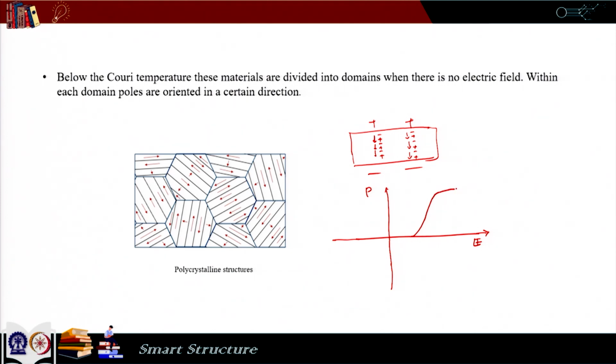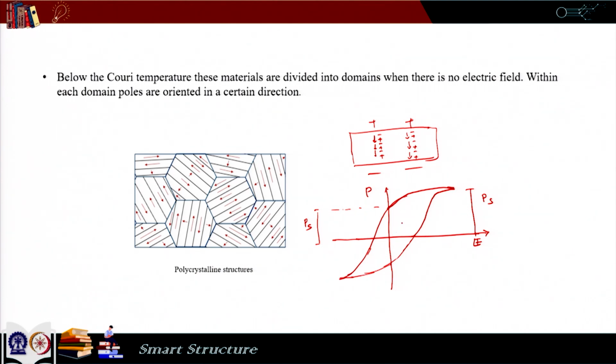Beyond this, if we increase the electric field, we do not get any more polarization, and then if we bring it back here, we get something called a residual polarization. Here we can call the polarization the saturated form. Here we get the polarization which is left after the field is made zero, we can call it Pr, and then the graph looks the same on the other side also.